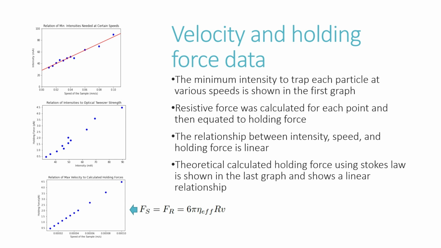Then we went on to calculate the resistive force, which again we used the effective viscosity of the fluid, and the particles within it, to then equate that to the minimum holding force, and then plot those, the holding force against the intensity. And again, as you see, a linear relationship between, as the intensity increases, the holding force also increases linearly.